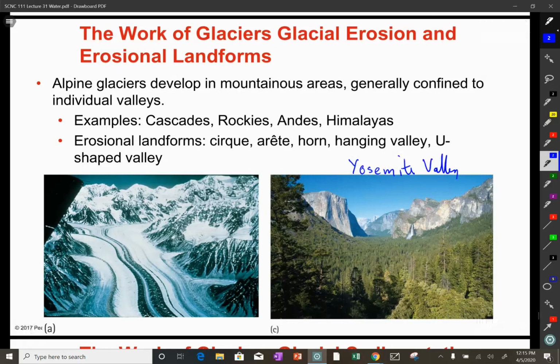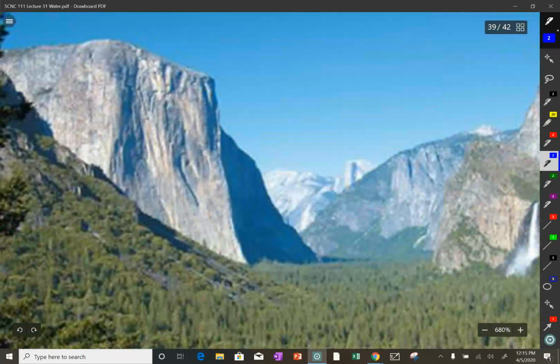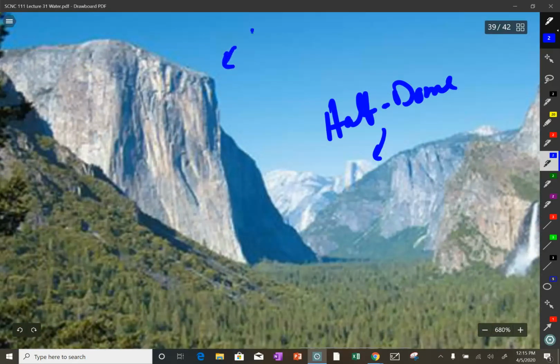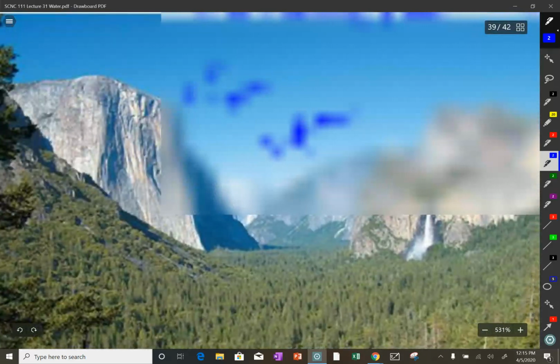And so you have features like way back here in the background. Let's see if I can zoom in. You have the ever famous Half Dome. You have here the captain, El Capitan, the largest monolith of granite, I think, on Earth, at least in North America.